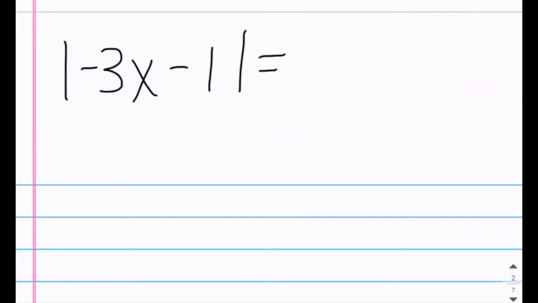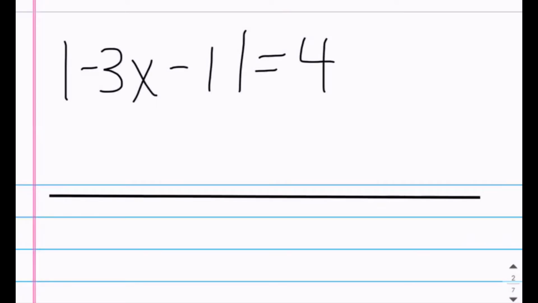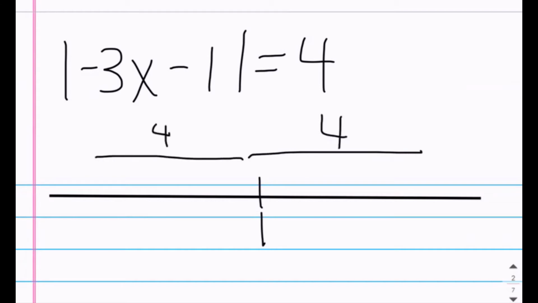Let's try one more time. The distance between negative 3x and negative 1 is 4. Now this is still a proper problem because the distance has to be positive. It cannot be negative, but our x can be. So now let's draw our number line. I'm going to put our 1 right here. Our distance is 4, so let's go 4 to the right and 4 to the left. And let's put our negative 3x.